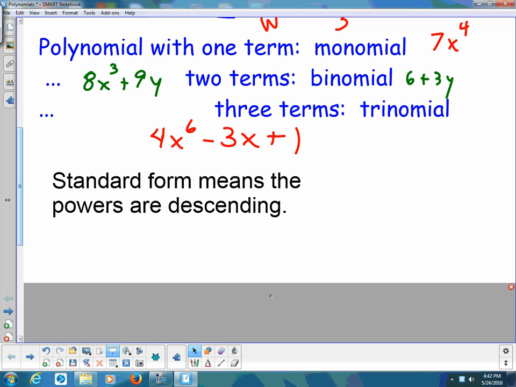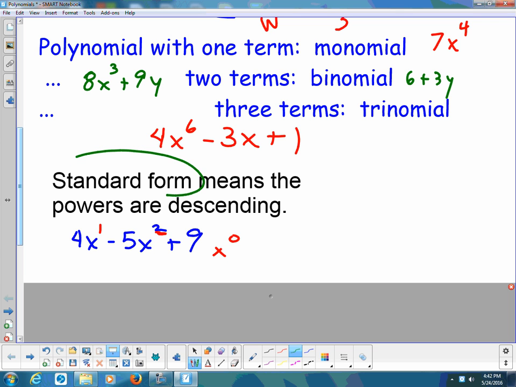All right, so for example, if I had something that looked like 4x minus 5x squared plus 9, that's not in standard form because the powers, which would be 1, 2, and really this is x to the 0, those powers are not descending. So if I wanted to write it in standard form, I would have to write it with the highest power first.